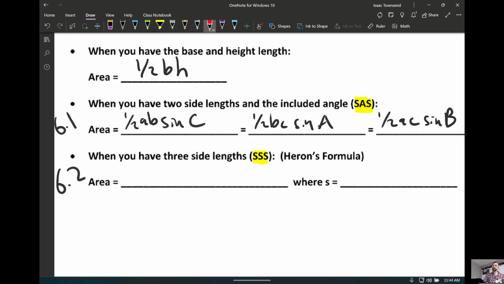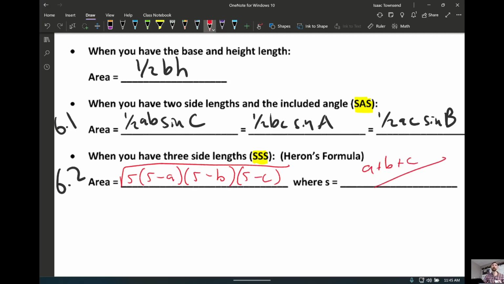But Heron's formula says if you have all 3 sides, you can find the area of any triangle doing the square root of s times s minus a times s minus b times s minus c, where s is where you add the lengths up and divide by, what would you guess to divide by here? 3.